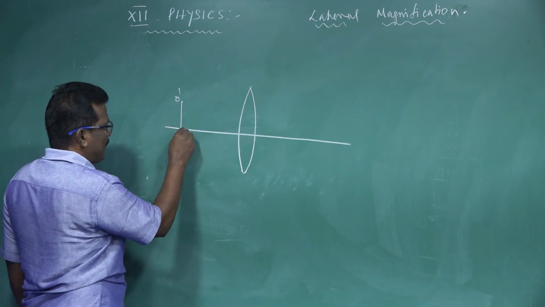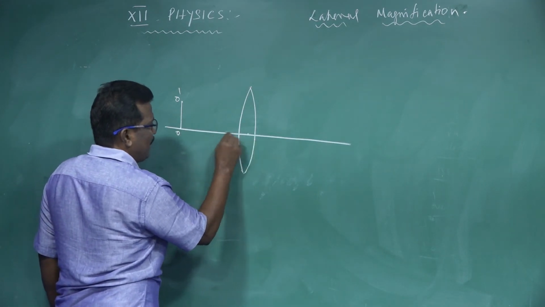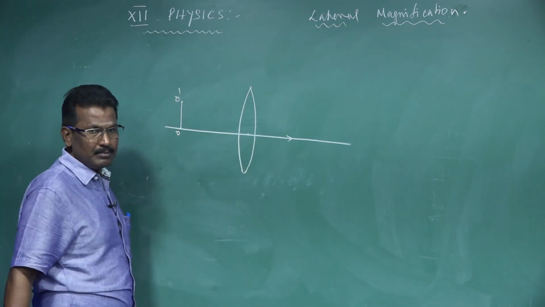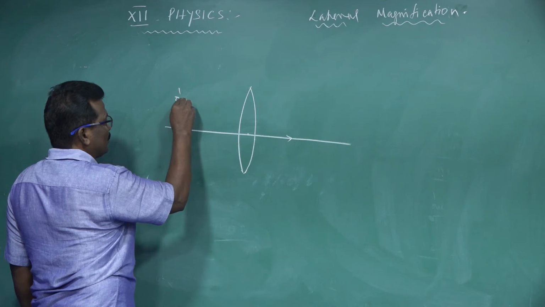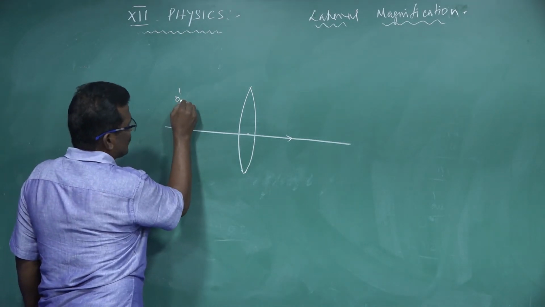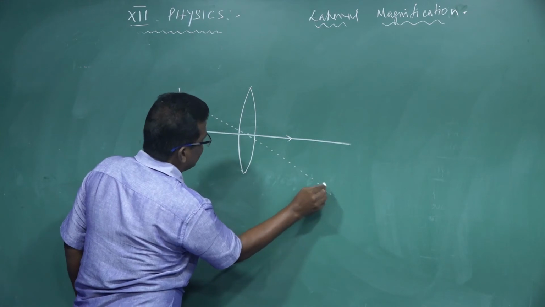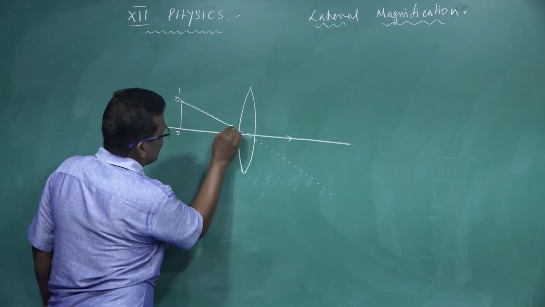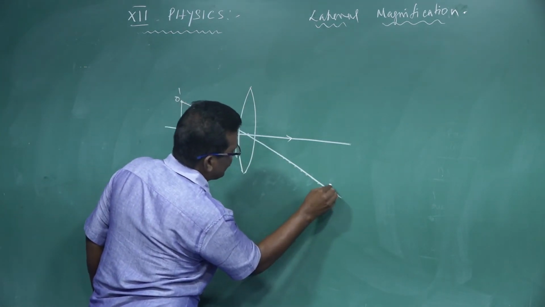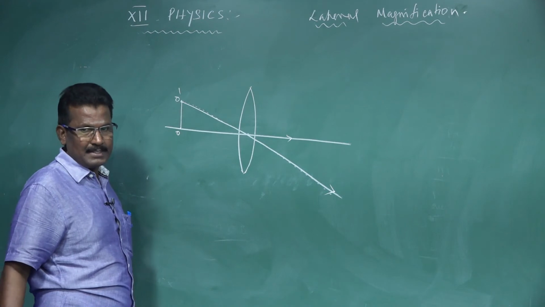A ray coming from the source passes through the optic center. One of the rays passes along the optic axis and does not retrace.